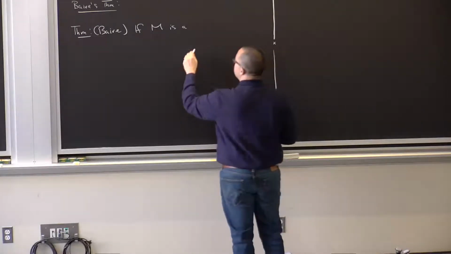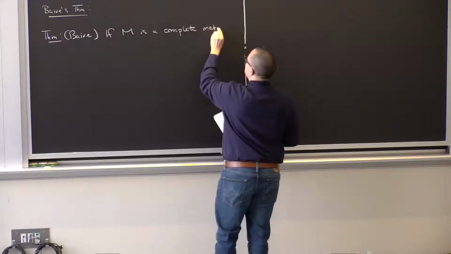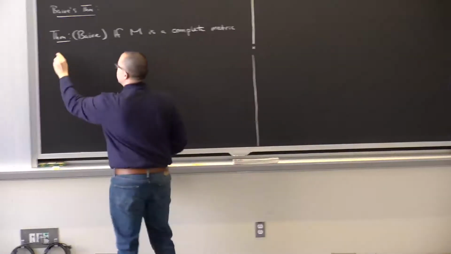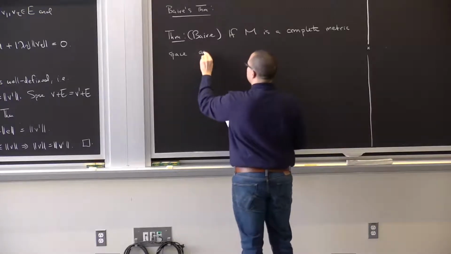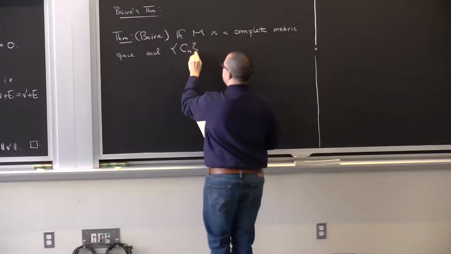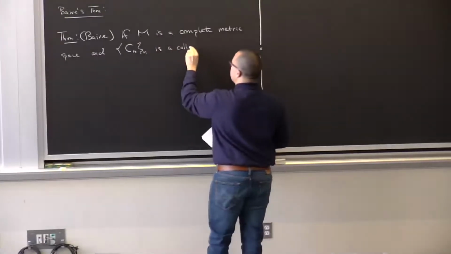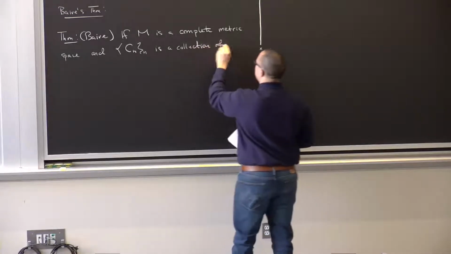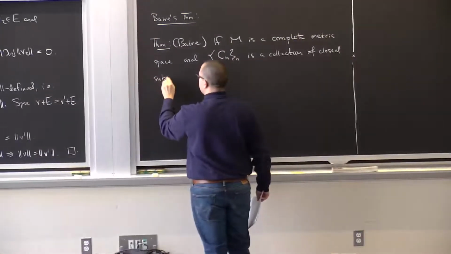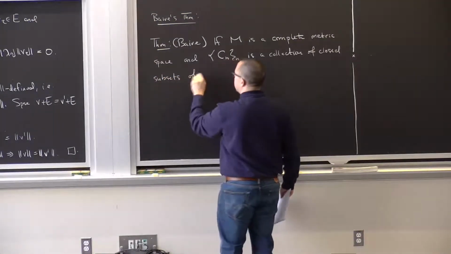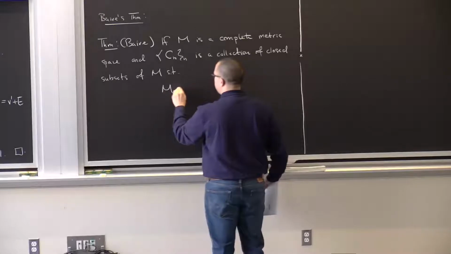So if M is a complete metric space, and Cn is a collection of closed subsets of M such that M is their union.